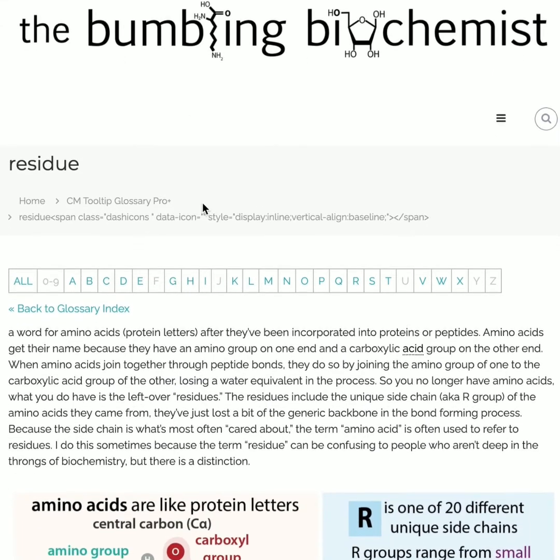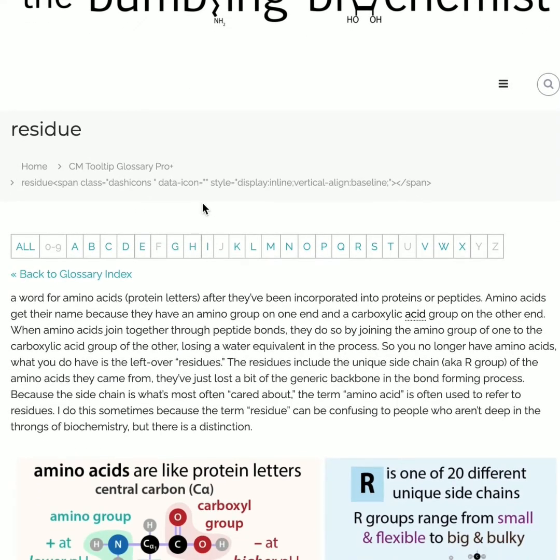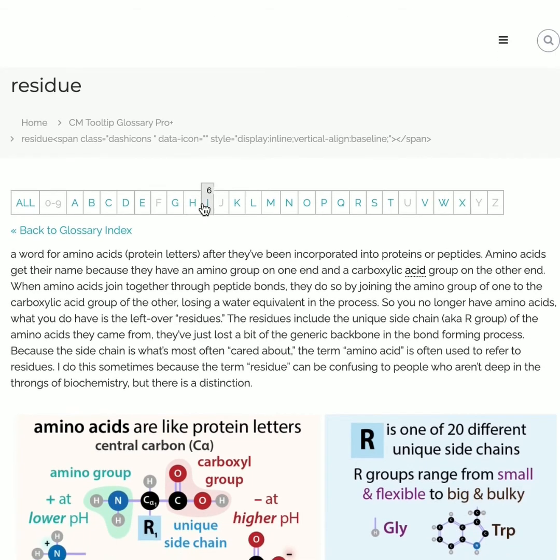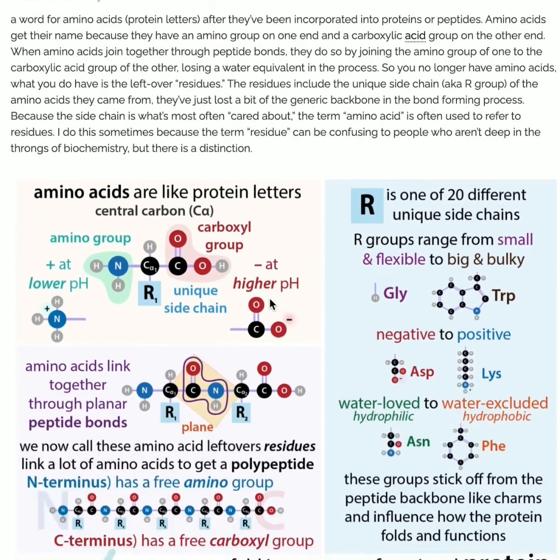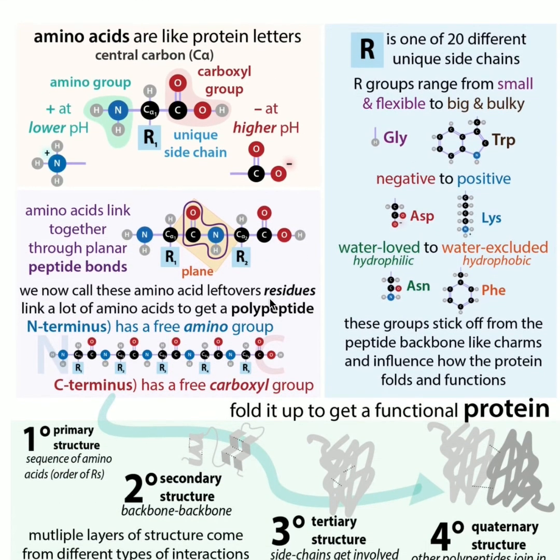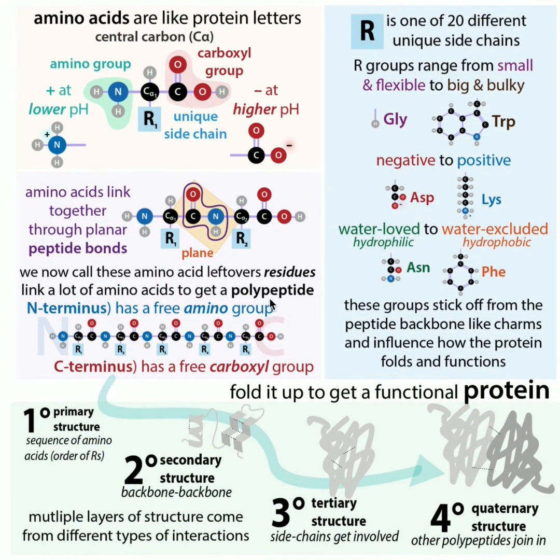Another one that can be really confusing is the word residue. We use this word a lot, especially in structural biology, where we're commonly dealing with what proteins look like. Proteins are built up of protein letters called amino acids, and these link up through peptide bonds. Amino acids have a generic backbone part, which has an amino group at one end and a carboxyl group at the other end, and in the center is the central carbon.